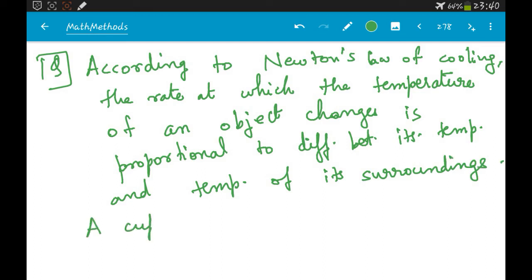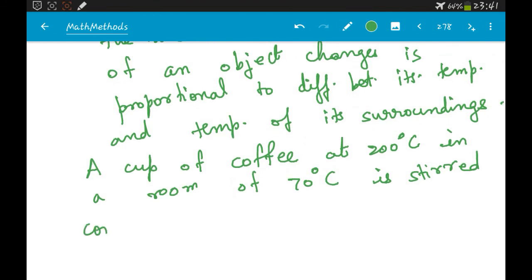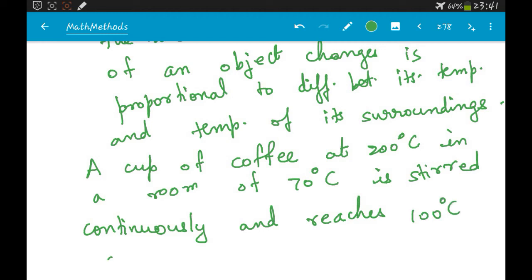Now a cup of coffee at 200 degrees Celsius in a room of 70 degrees Celsius is stirred continuously and reaches 100 degrees Celsius after 10 minutes.